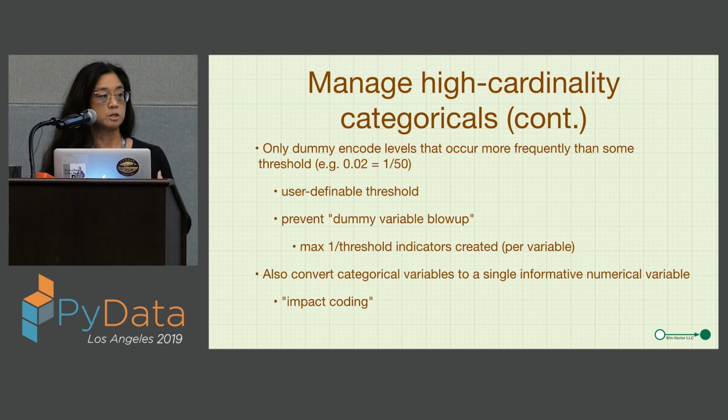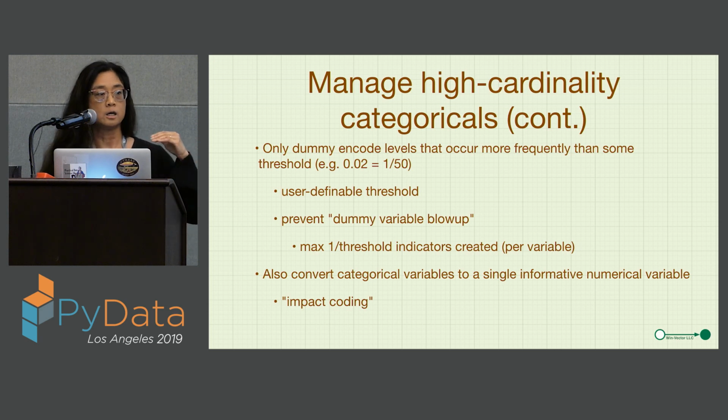One is, as I mentioned, it only dummy encodes the most frequent levels of a categorical variable. So basically, it only dummy encodes levels that occur more frequently than some user-defined threshold, say levels that occur in more than 2% or 1/50th of the data. The reason you want to do that is that it limits the number of dummy variables created per categorical variable.